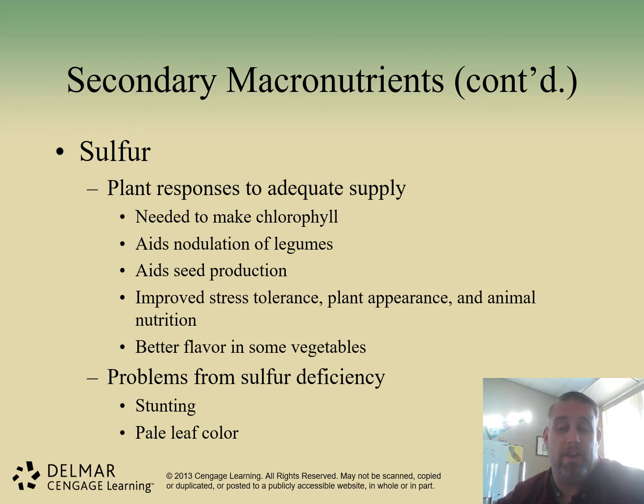It's pretty funny, if you don't have the right amount of sulfur, it will make your vegetables taste very bland. And if you've ever said, "Oh, what is wrong with this tomato?" it's potentially that there wasn't enough sulfur while it was growing. Some of the problems are pale leaf color, so this will almost be like a lime green or olive leaf color on plants, and then stunted growth.